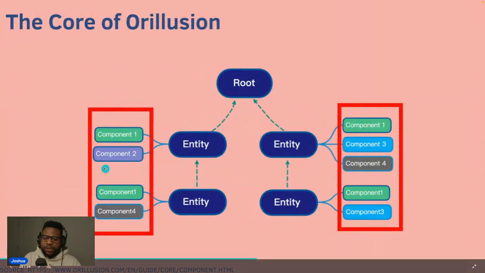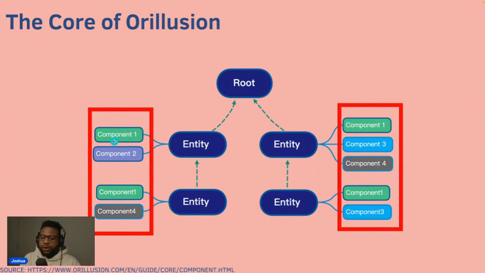So we have our components again, which are our modules or our data, like our 3D models, and so forth. This is where we define our logic and callbacks and lifecycle, and we can freely combine these components and entities to have different functions. For example, our camera position.